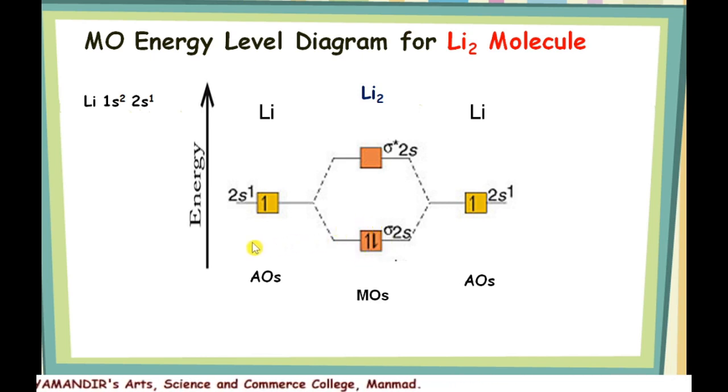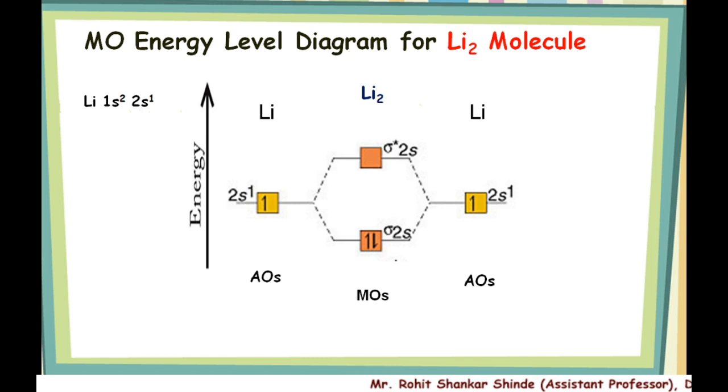While writing the molecular orbital electronic configuration of the lithium molecule, the presence of non-bonding electrons is shown by the capital letter K because these two electrons are present in the first shell, that is the K shell. Since there are two lithium atoms taking part in the combination, the letter K is repeated.